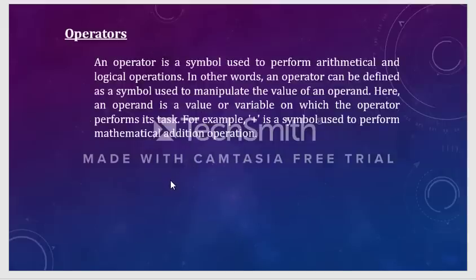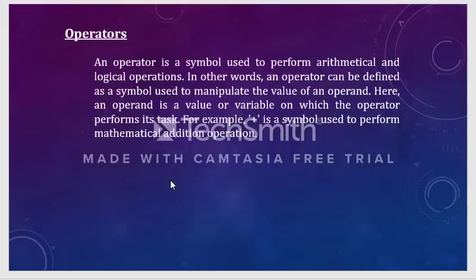As we know, an operator is a symbol that we use to perform mathematical calculations or logical operations. Any kind of calculation, an operator can be used. An operator is a symbol which performs some kind of operation, used to manipulate the data values.